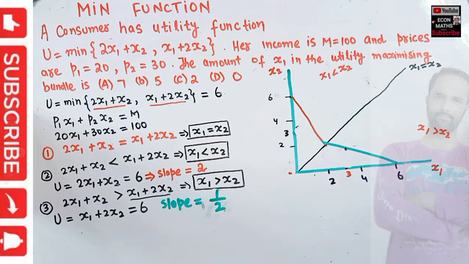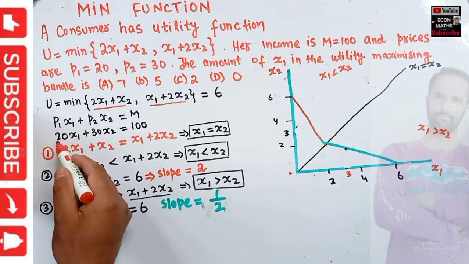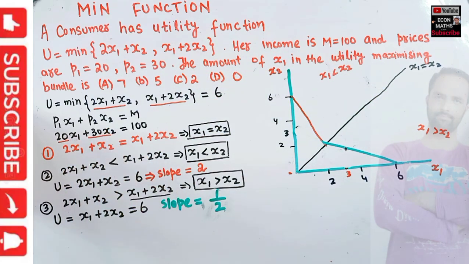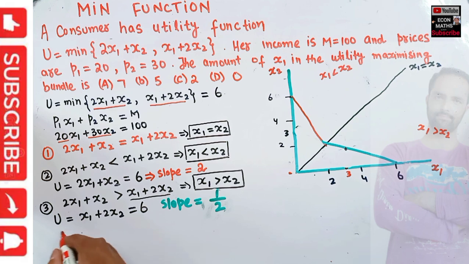Now let's see what is the slope of our budget line. This is our budget line. The slope of this budget line will be equal to 2 upon 3.